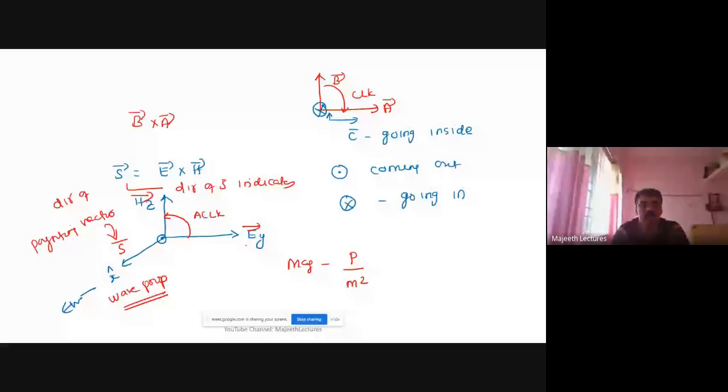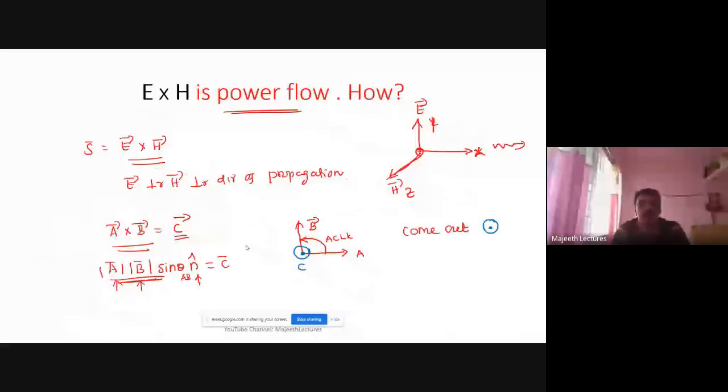So now I hope you understand how the Poynting theorem is dealing with power flow. Power flow of the EM wave is along the direction of wave propagation.